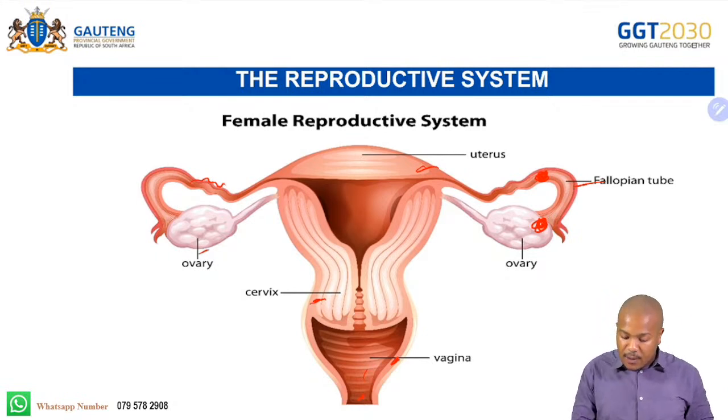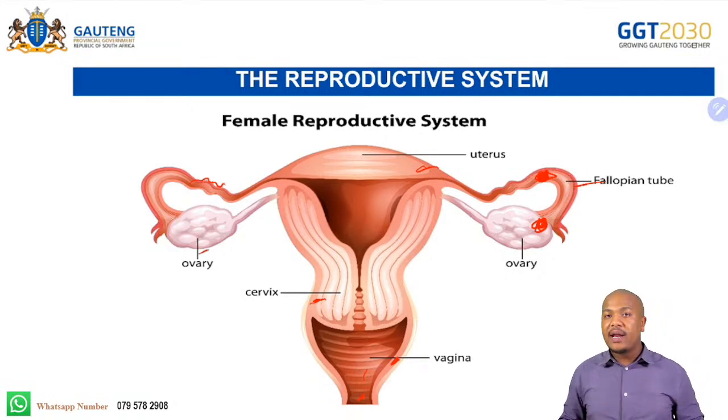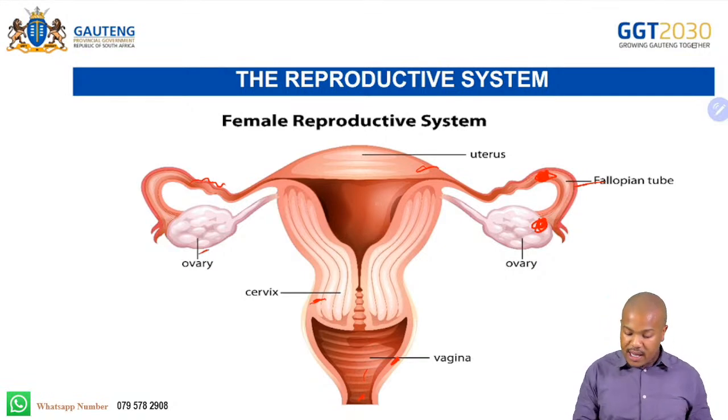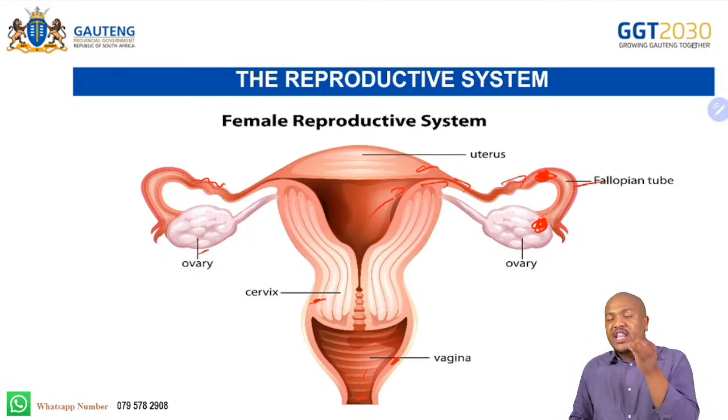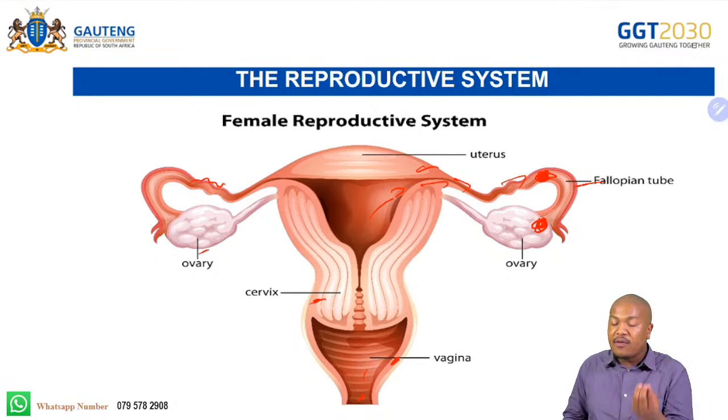If copulation and ejaculation have taken place, the sperm cells swim and reach the egg cell. When they reach the egg cell, that's when fertilization takes place and implantation follows. Therefore, we say that a human being or a female is pregnant.